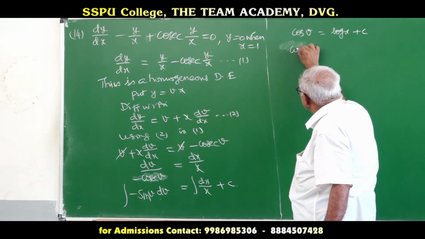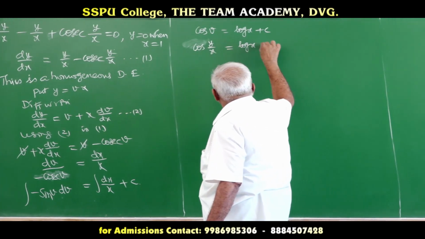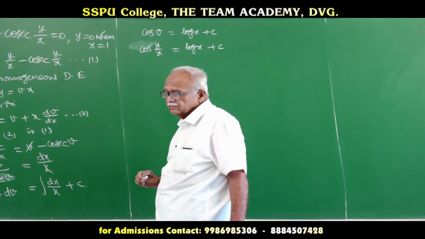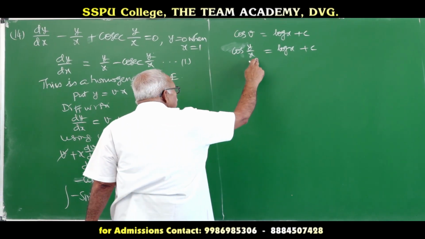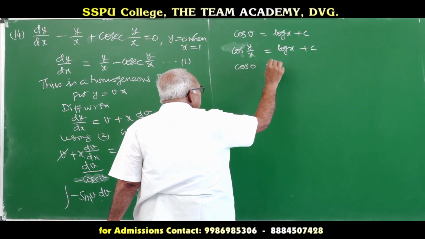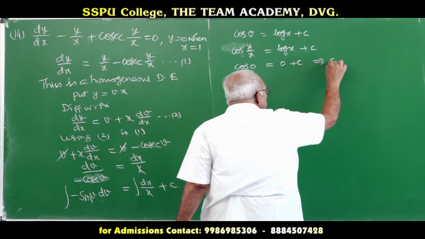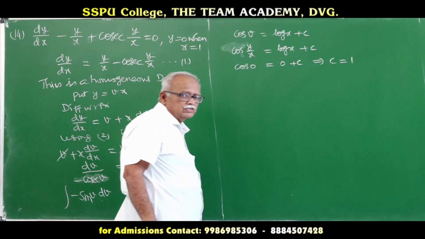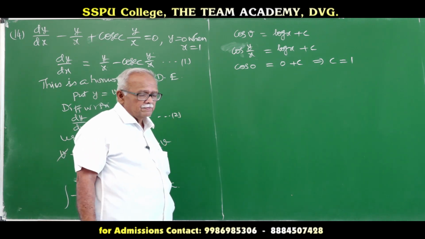This can be taken as cos y by x is equal to log x plus c. So cos 0 is equal to 0 plus c. So, c is equal to cos 0, which is 1. In trigonometry, cos 0 value is 1.